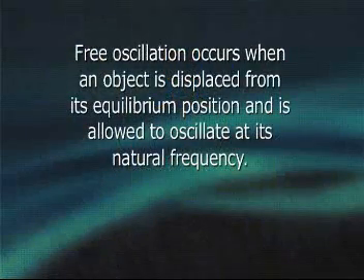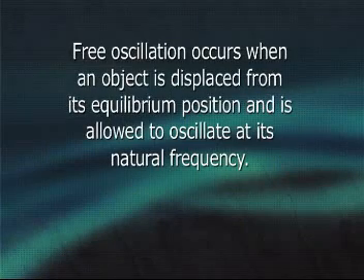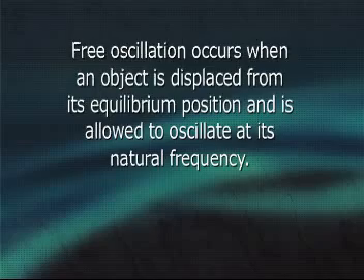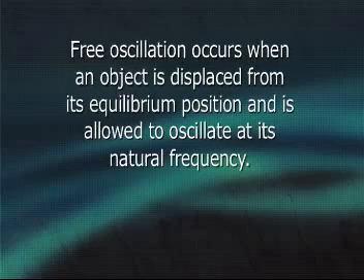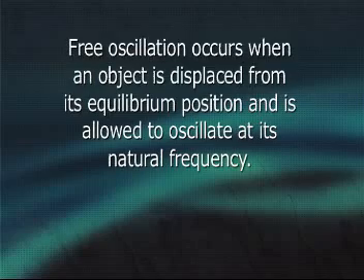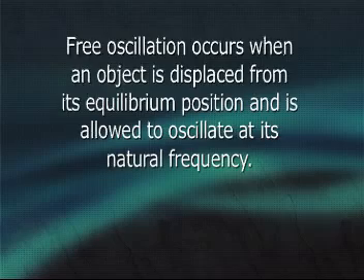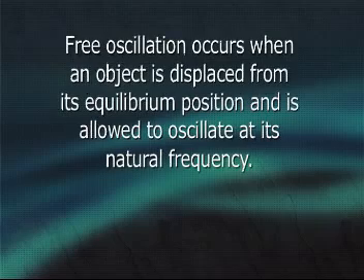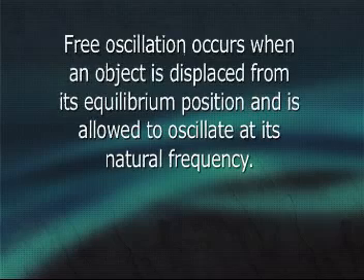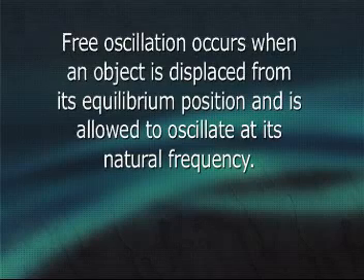When an object is displaced from its equilibrium position and allowed to oscillate freely without any external forces acting on it, it experiences free oscillation. During free oscillation, an object oscillates at its natural frequency.